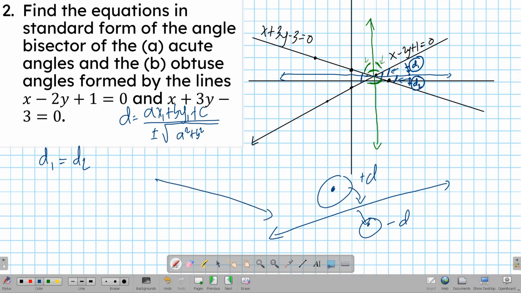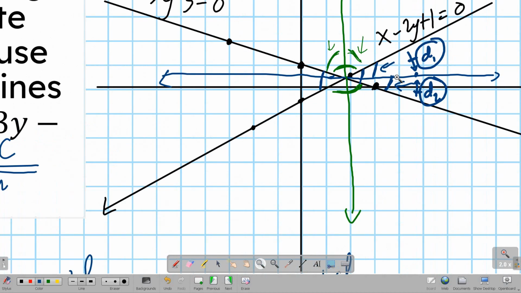Even if our line looks like this, the one above is still a positive distance, while the one below is a negative distance. So, if you take a closer look at d sub 1 and d sub 2, let's go back to d sub 1 and d sub 2.